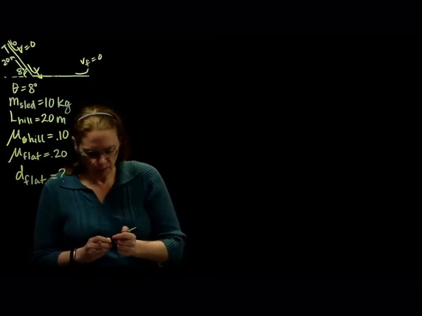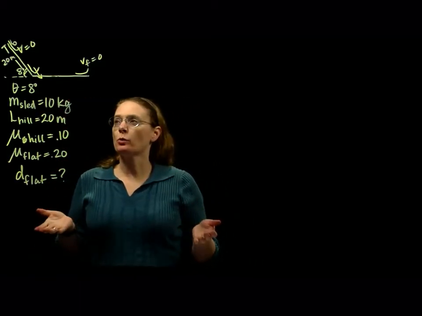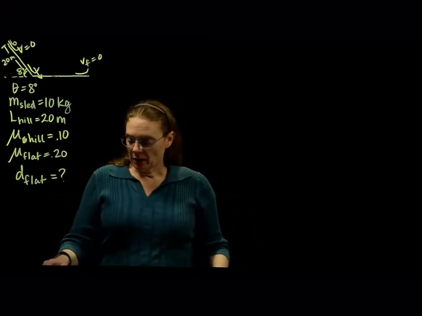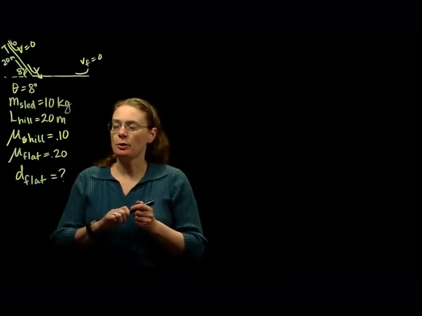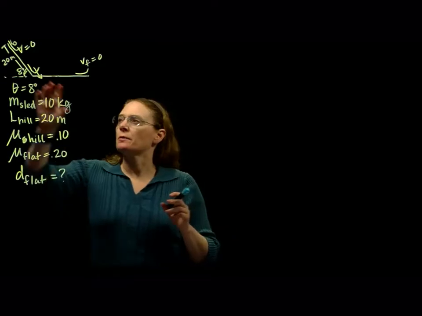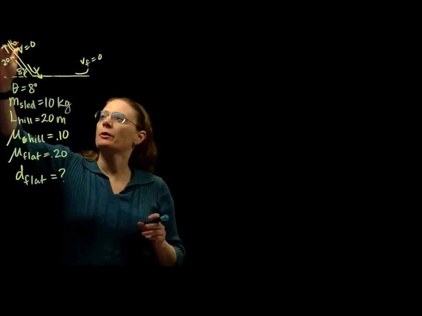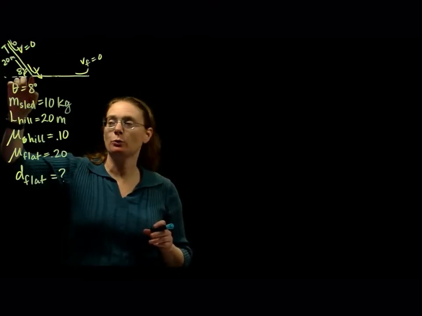All right, picture, knowns, unknown. And here is where, as an energy problem, we typically do initial and final. And I'm going to do it the longer way first. That probably will make more sense for people. I'm going to break it up into two chunks. So I'm going to say this is my first chunk. I'm going to start at rest at the top of the slope, and I'm going to go down to the base of the slope.